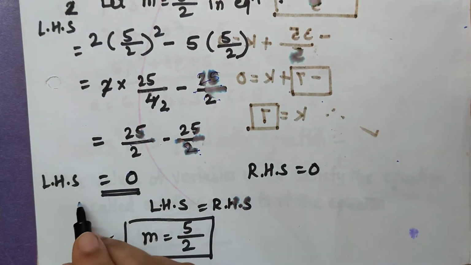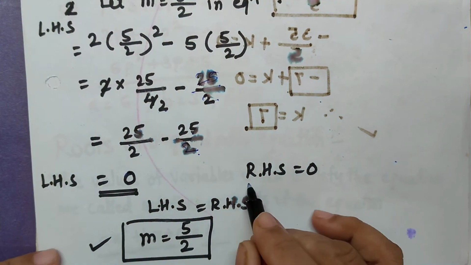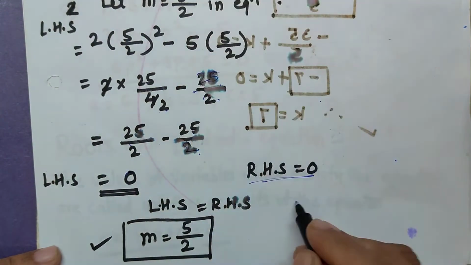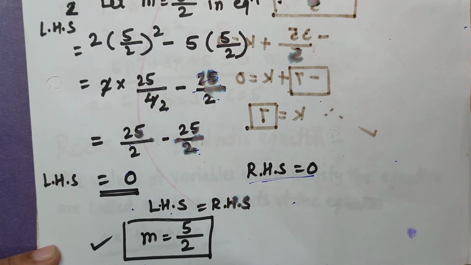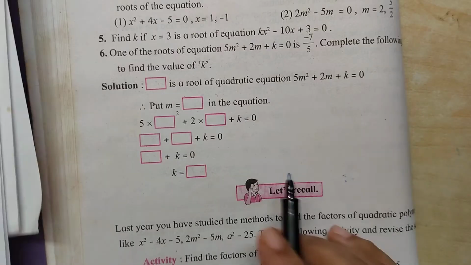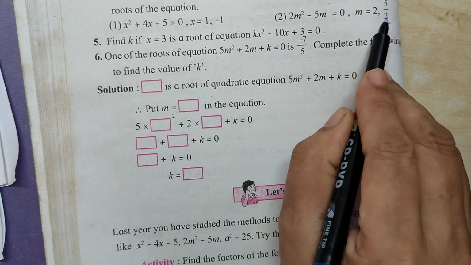Now RHS is already 0. Therefore LHS is equal to RHS. Therefore the value m is 5 by 2 fulfills the equation, it is a root of the equation.